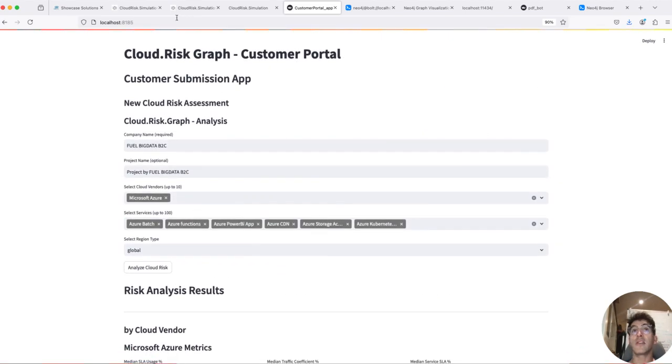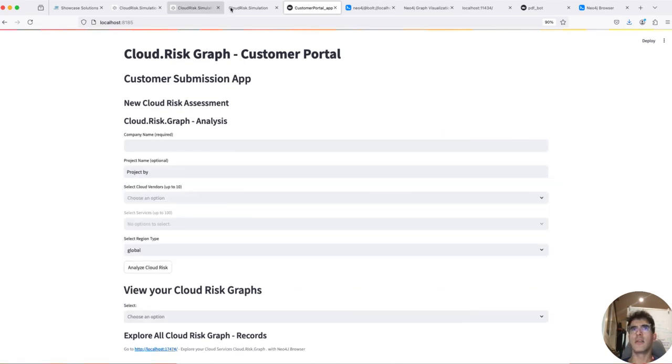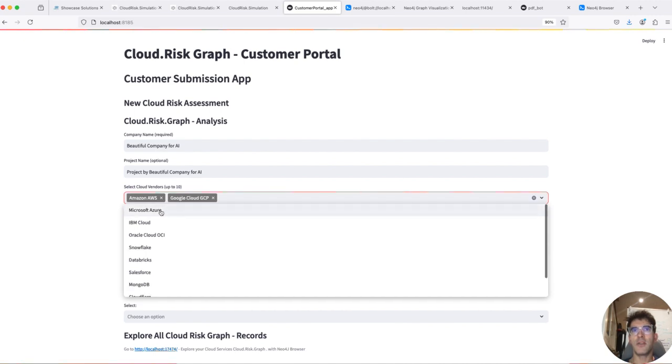We have a more detailed customer portal, which we are going to take live soon, by the end of this year. If I submit here a random company name, Beautiful Company for AI, I'm going to use AWS, GCP, and Azure.